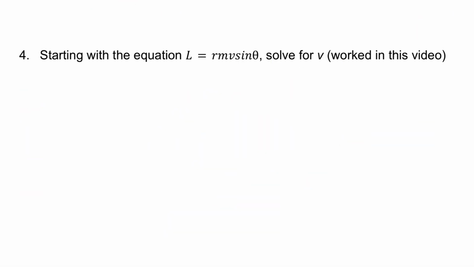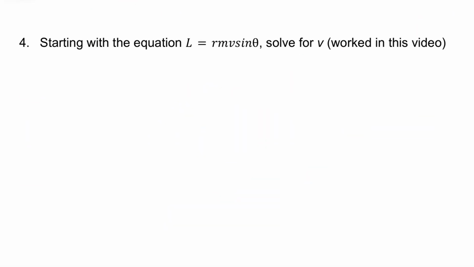All right, so next one, we've got this equation we're going to start with, and we're going to solve for v. So we've got a bunch of things happening to v. We have L on the left side by itself. It's the variable that's currently isolated. And then we have R times M times V times sine of theta, which would all be one thing right there, right?